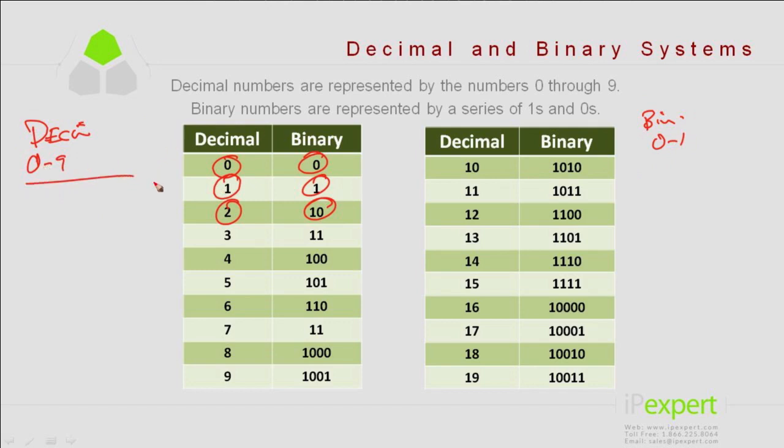Now, if I want to start counting, imagine, I used to do this when I was a kid, imagine you're watching your dad's odometer in his car. Now, what we find is that as this digit, or as this space in the odometer, as we travel further, this number changes. 3, then 4, then it goes to 5, then 6.